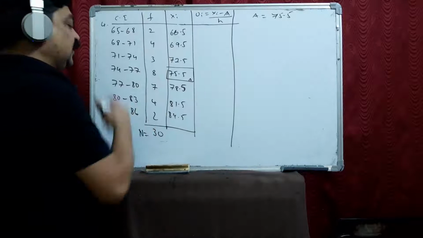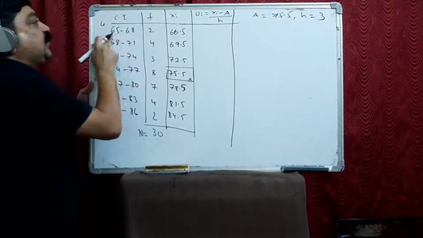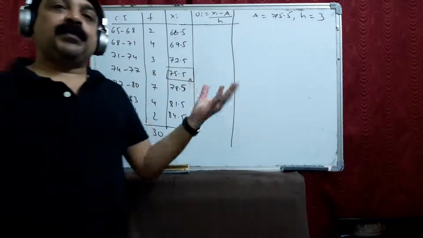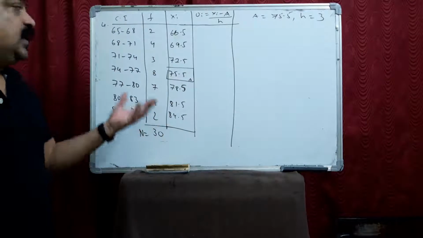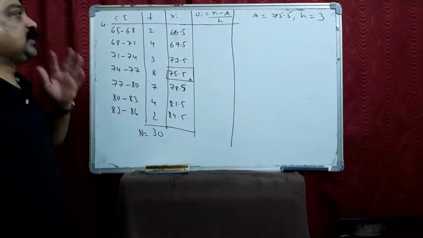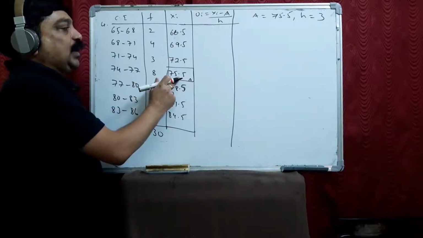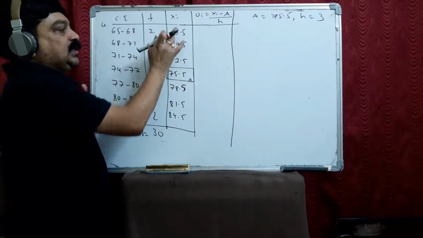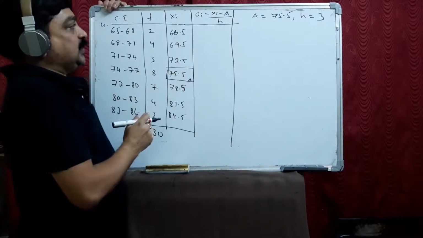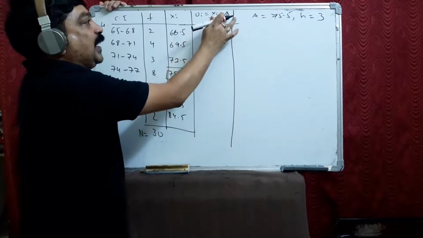What is h here? h is the class interval. What is the difference between these two, the lower limit and upper limit? Upper limit minus lower limit, you can take it as h, the class interval. That is h, which is 3. Okay, let us substitute. 66.5 minus 75.5 by h. This minus this becomes minus 9, minus 9 by 3.